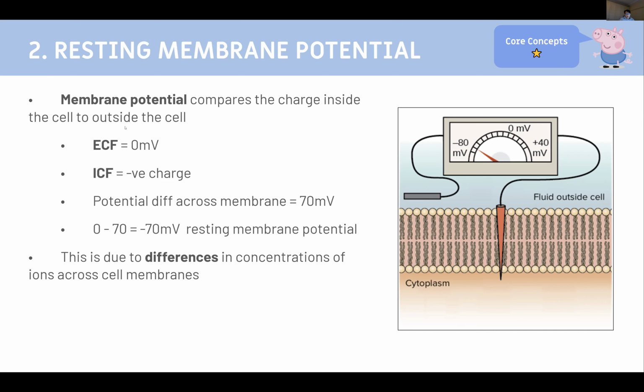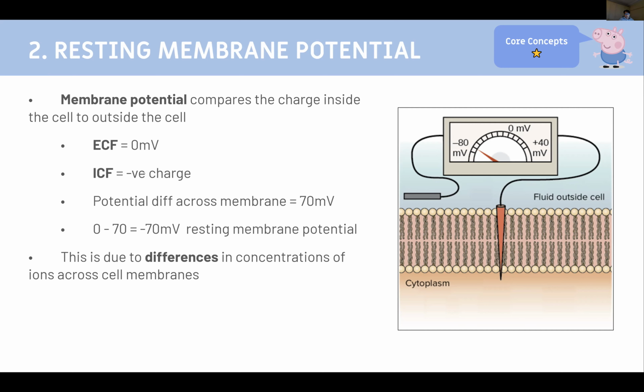For a nerve cell, this is a relative measure between inside and out. If we take the extracellular fluid to have a voltage of 0, it turns out that in the intracellular space, cells actually have a negative charge. If you were to stick 2 electrodes across the plasma membrane, you get a measure of 70 millivolts, so there's a potential difference across the membrane of 70 millivolts.